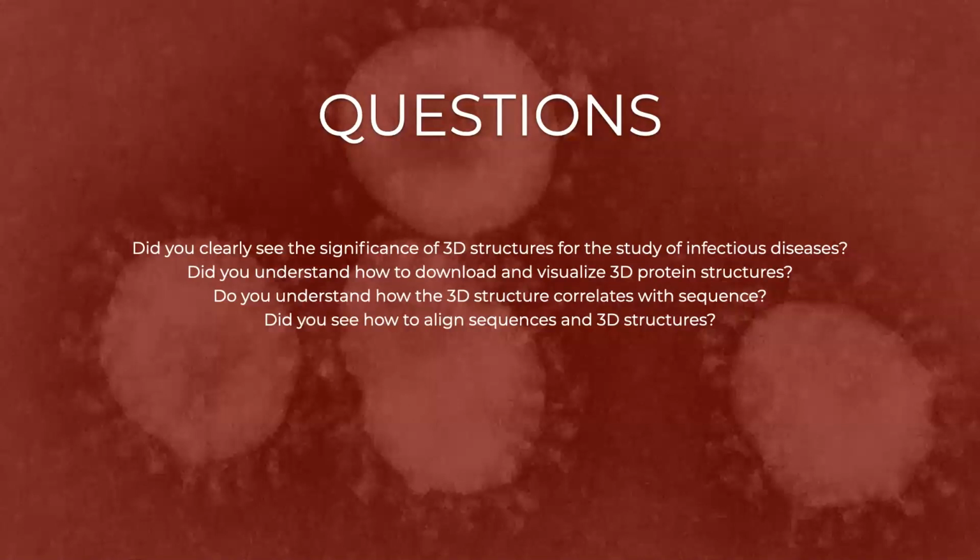Do you have now a better sense of how the 3D structure correlates with the sequence and the changes in the sequence, right? And whether you had the experience a little bit to align sequences and 3D structures together. So if you can think about some of these questions, and if you have any questions related to these practical tasks that we just quickly did now and in the past couple of sessions, I'd be happy to address some of those.